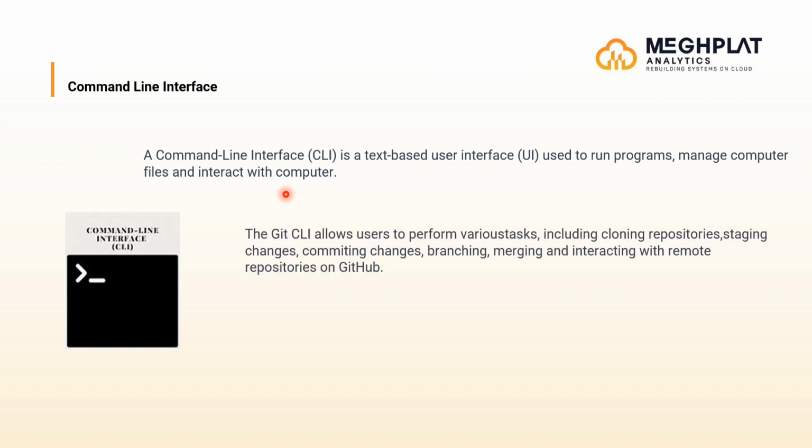The Git CLI allows users to perform various tasks including cloning repositories, staging changes, committing changes, branching, merging, and interacting with remote repositories on GitHub. Users can navigate and manipulate repositories, branches, and files using commands entered in a terminal or command prompt.